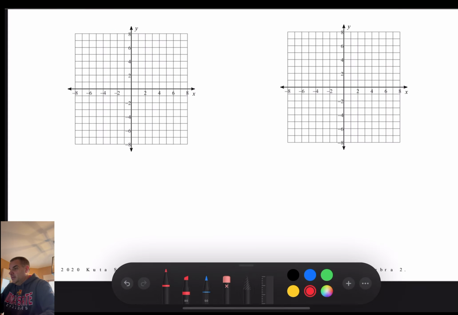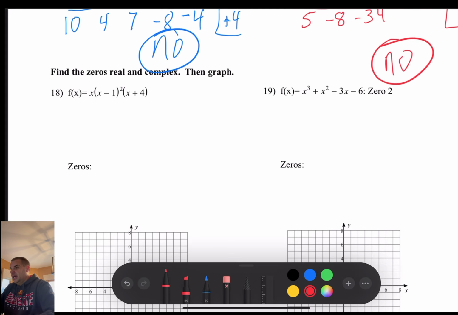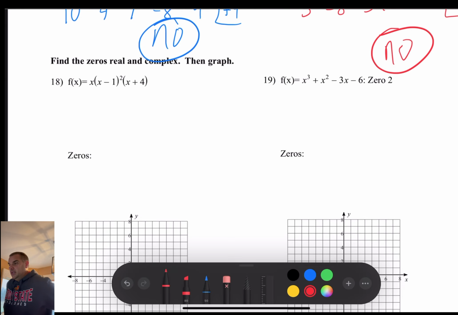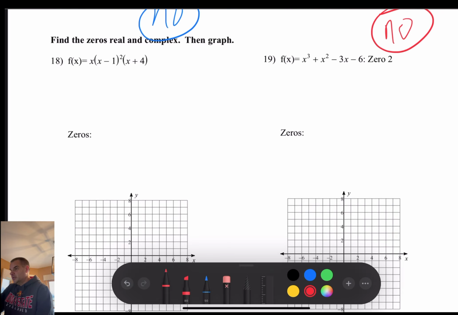All right, number 18, and these are kind of the last things that we talked about. Find the zeros, real and complex, and then graph. The first one's already factored for us, so that's good. So our zeros are 0, 1, and negative 4.